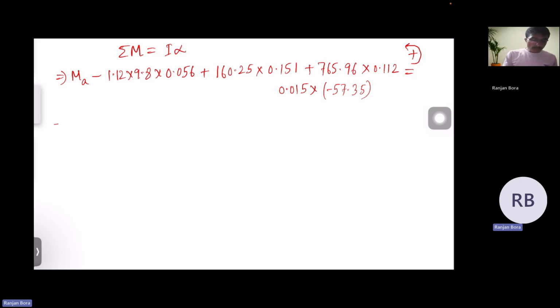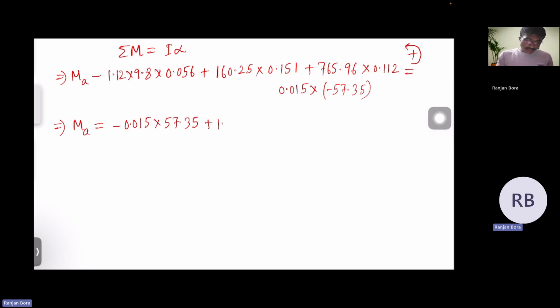So now we need to solve this equation. Ma equals minus 0.015 into 57.35. All these terms we will take towards the right side.